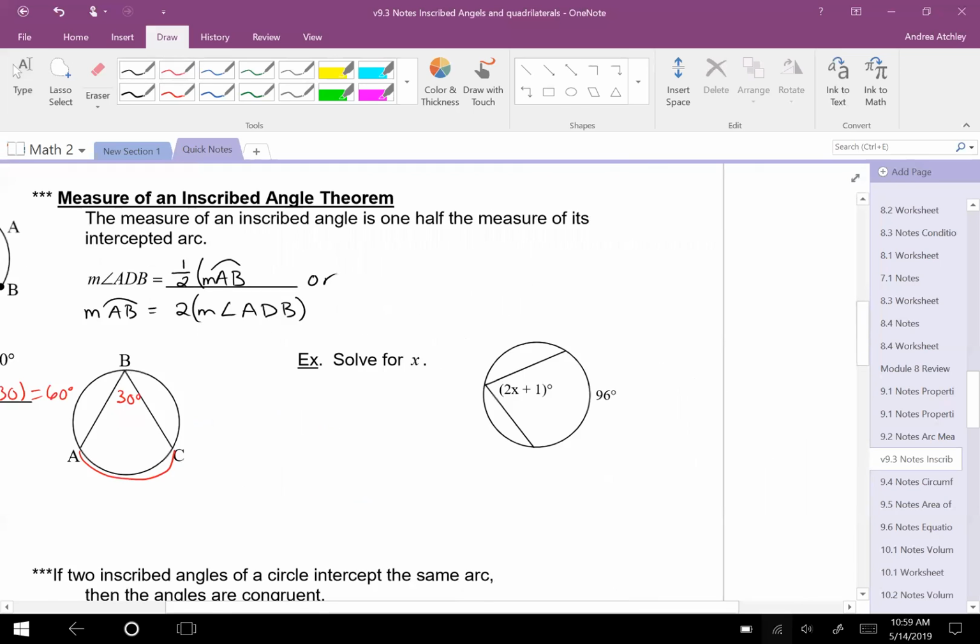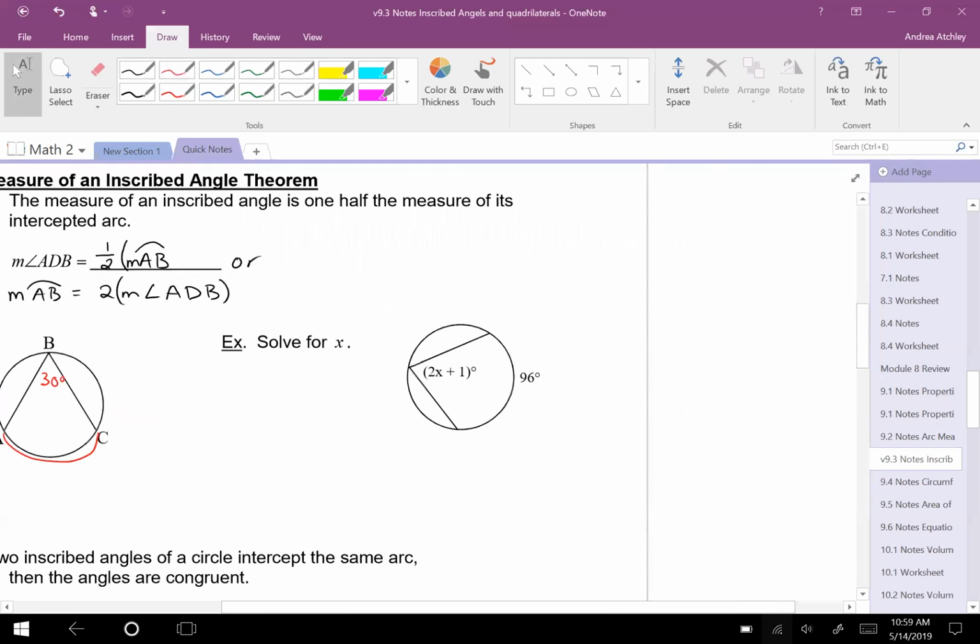Okay, to solve for x, everyone try to write an equation to solve for x for me. Okay, does anyone think they have an equation that will work?